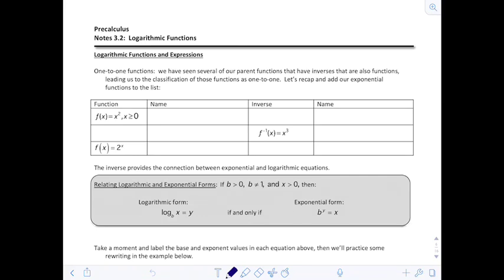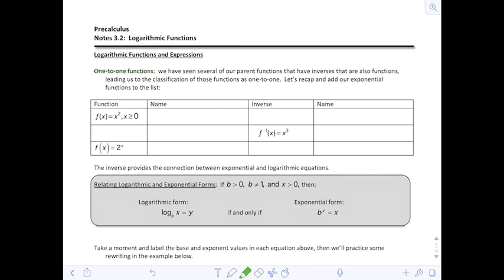Okay, 3-2, logarithmic functions. Specifically, we're going to be talking about logarithmic functions in this section. One thing to note that we're going to talk about first is they are one-to-one functions. If you remember, one-to-one functions are functions that would pass the horizontal line test, meaning that when you take the inverse of the function, the inverse would also be a function.